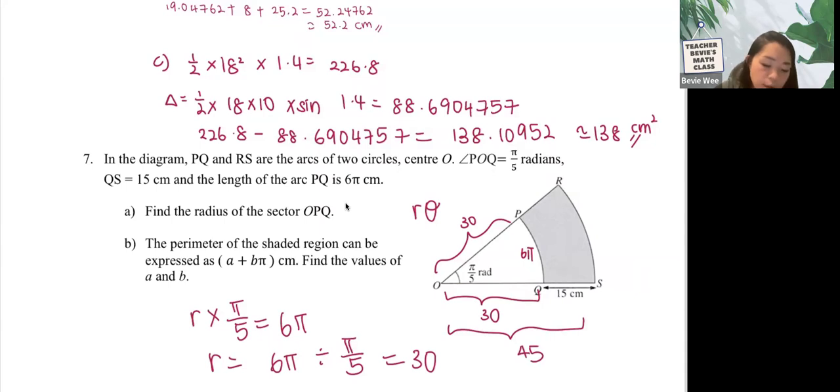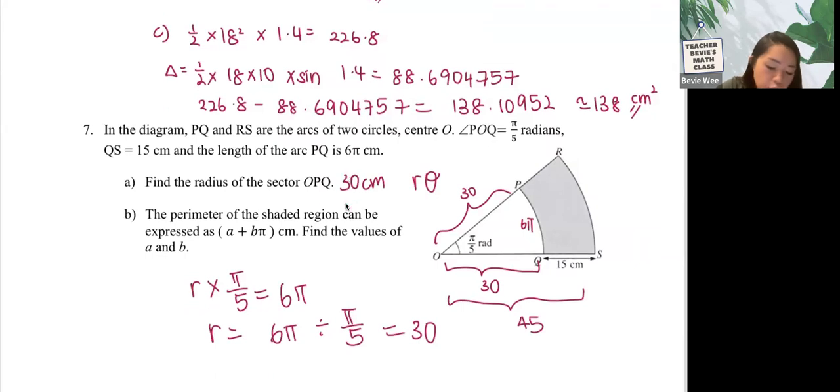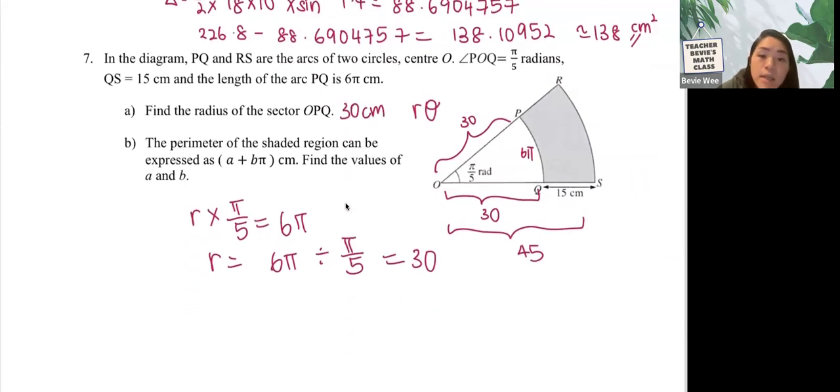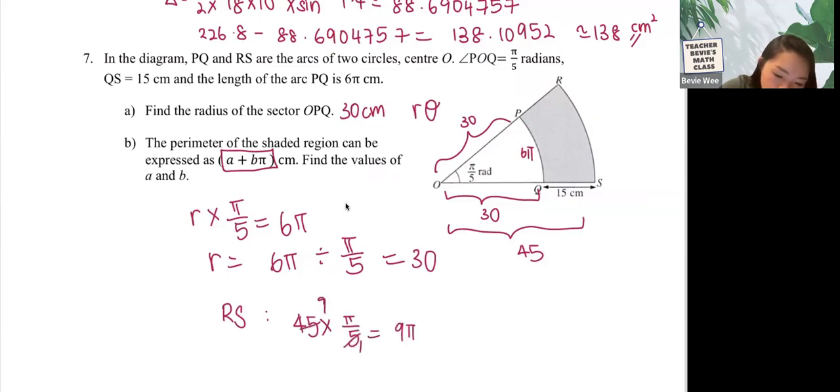I want the perimeter of the shaded region in exact form, not decimals. PQ is found already, 6 pi. Can y'all help me find RS? Your radius is 45, theta is pi over 5. I get 9 pi.